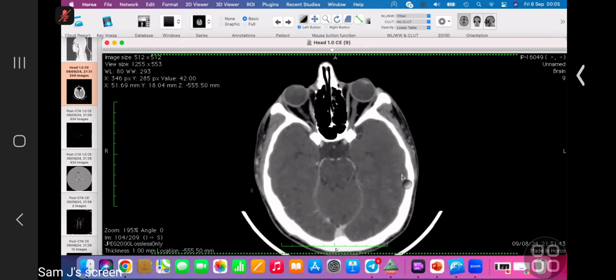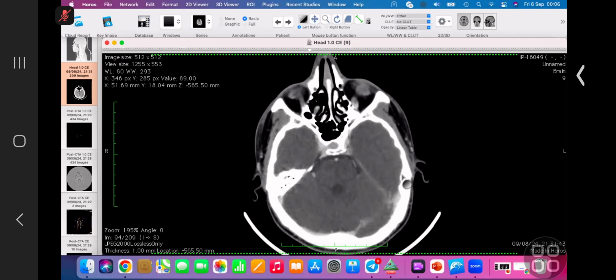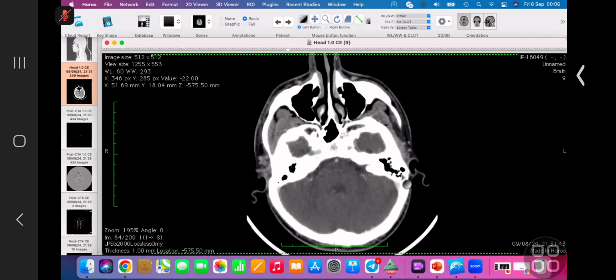I feel that the left posterior cerebral artery is not there, but I'm not actually sure about the finding. Going down to the neck.